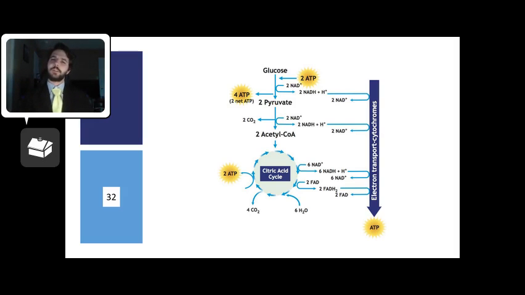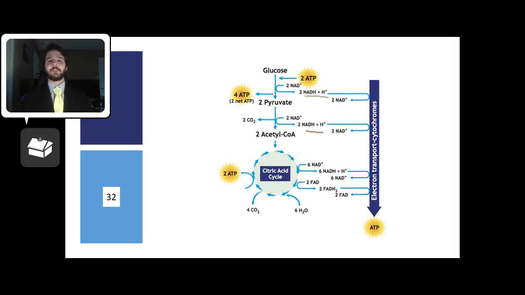We use 2 ATP to help start the glycolysis process. We net a total of 2 more, or 4 total. Net a total, I apologize. But then we also get 2 pyruvate molecules. We also have these transport molecules, or enzymes, that continue to keep this process going.